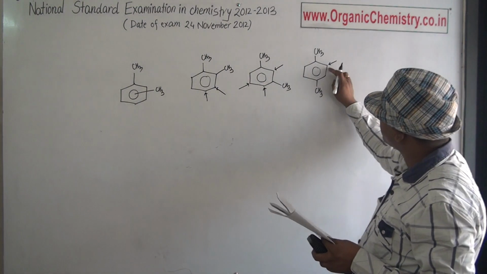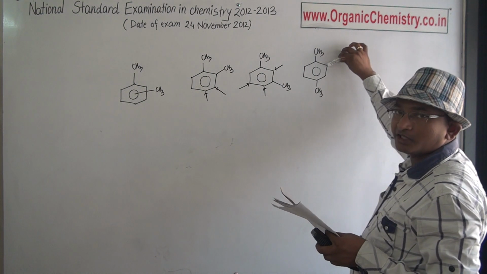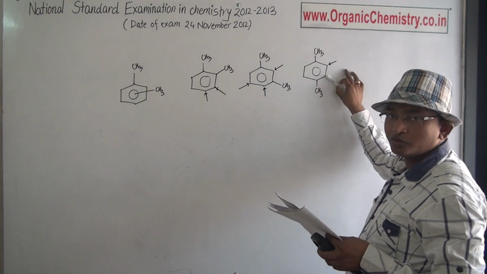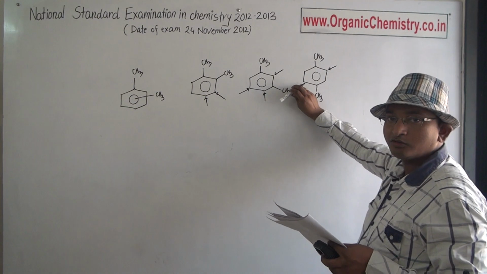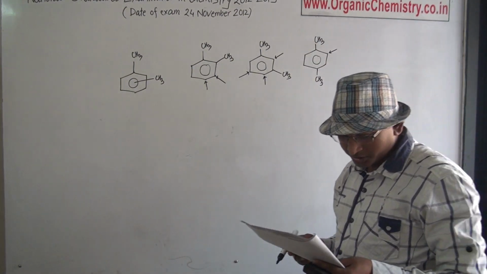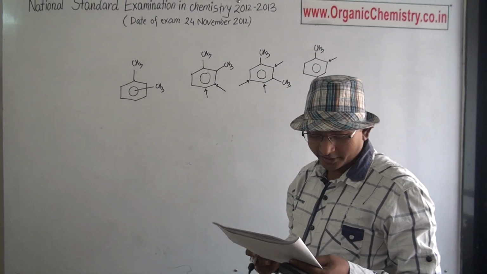If you replace this hydrogen with Cl, you will get 2-chloro-1,4-dimethyl, and the same in every other case.